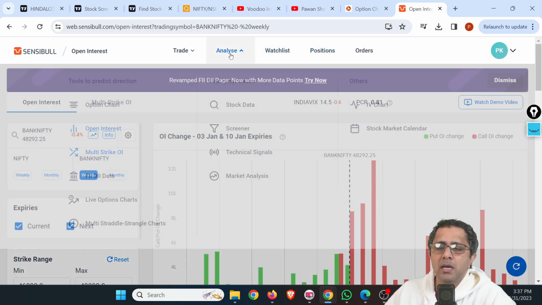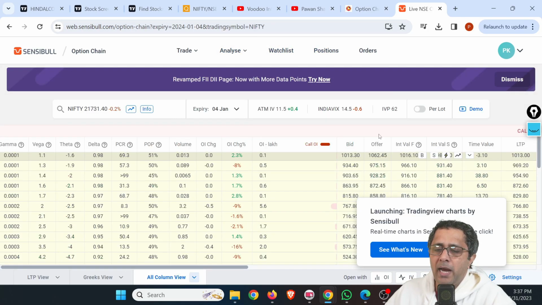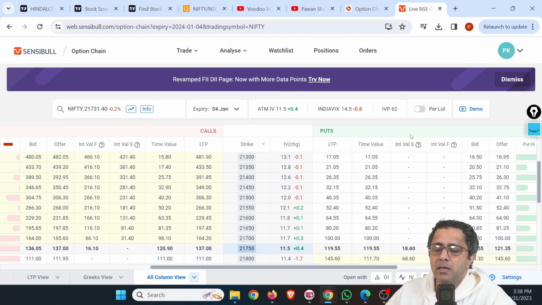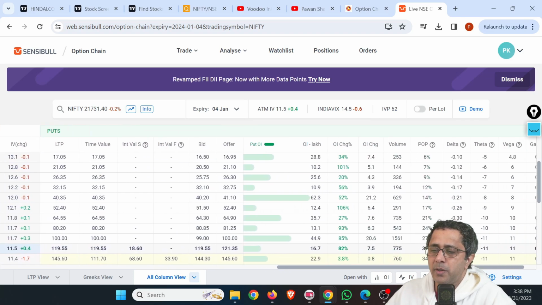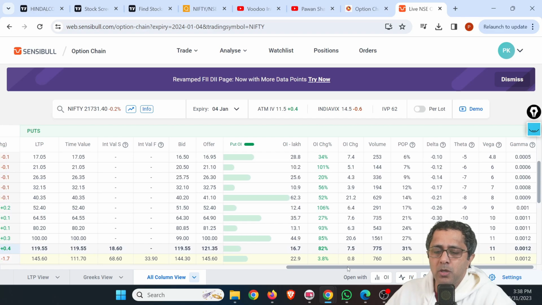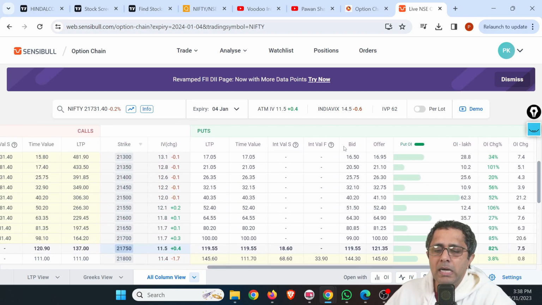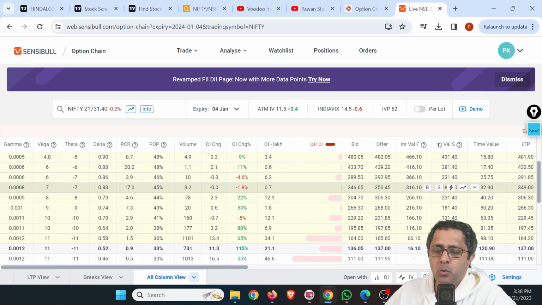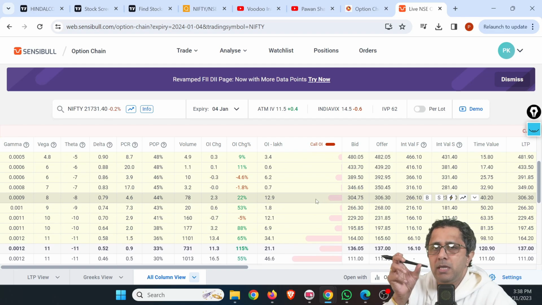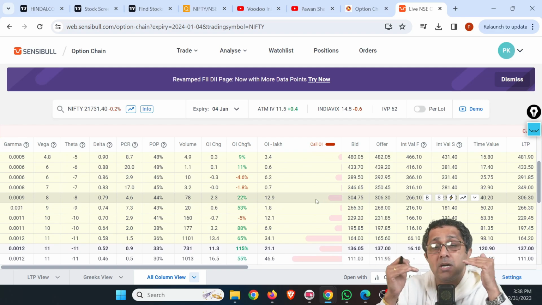If you open the option chain also and dismiss this, you can find the Greeks here: Gamma, Vega, and all these things are there. There are a few websites which will provide you live PCR on this option chain, and that will be per strike price.